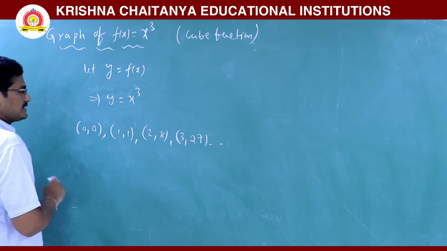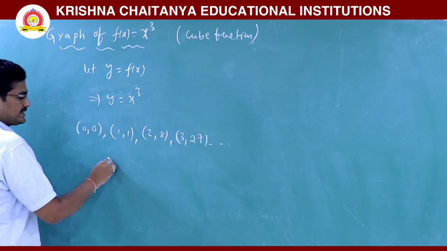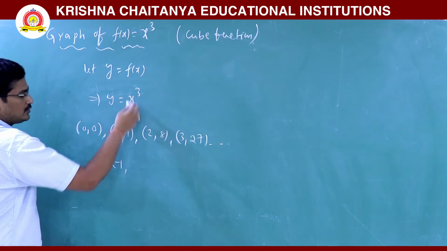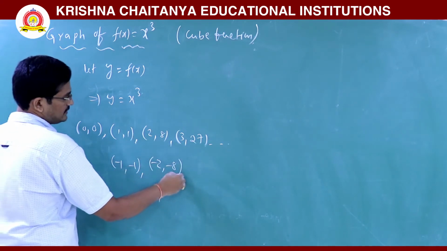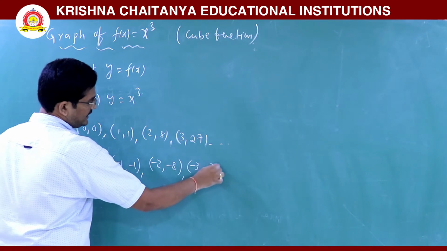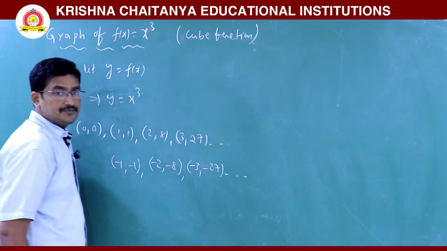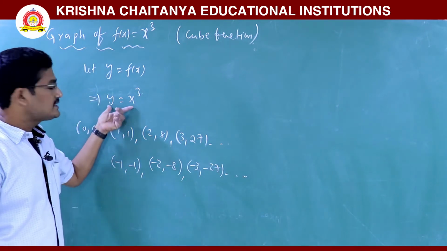Now the left side of the y-axis: if x equals minus 1, minus 1 whole cube is minus 1. Minus 2 whole cube is minus 8. Minus 3 whole cube is minus 27. So these are all the points on this curve.